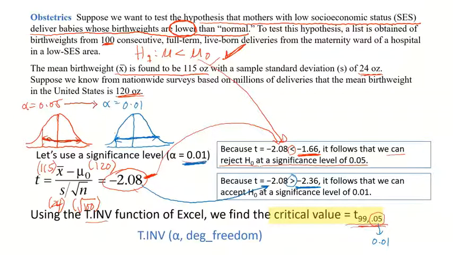Therefore, at 0.01 significance level, we will be accepting our null hypothesis that there is no difference between the birth weights of the women in the low socioeconomic status area and the general population at large. Take note, simply by changing our significance levels, our decisions have shifted from rejecting the null hypothesis to accepting it.